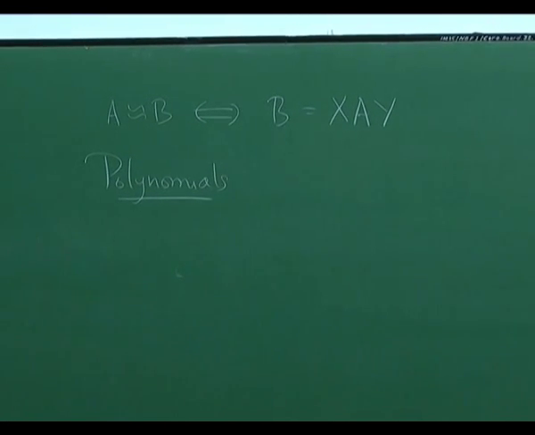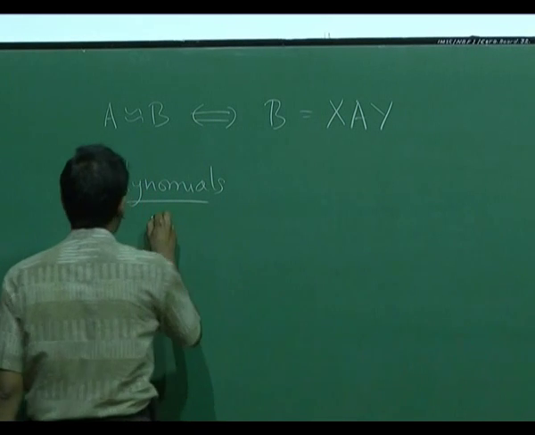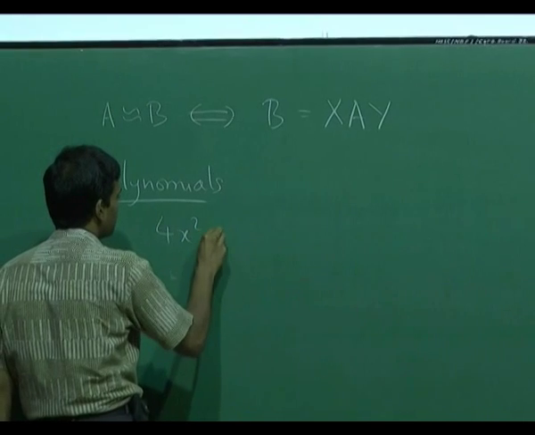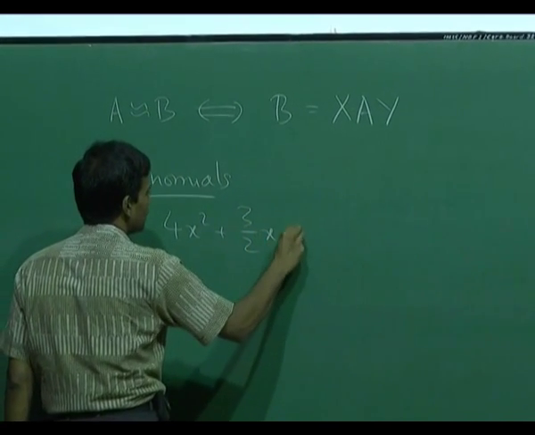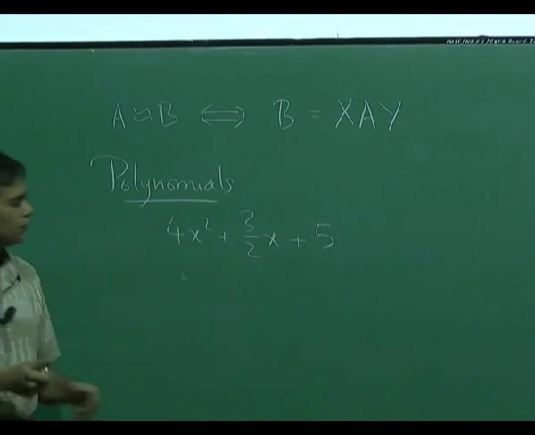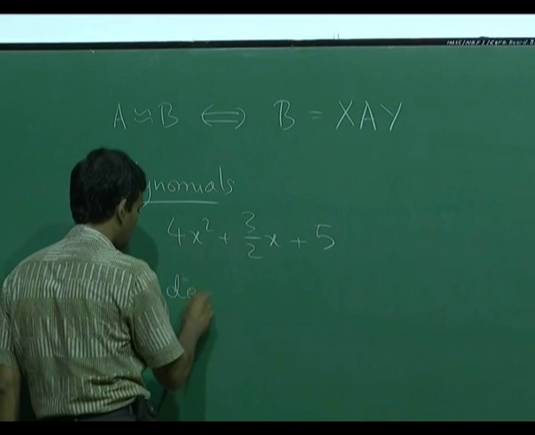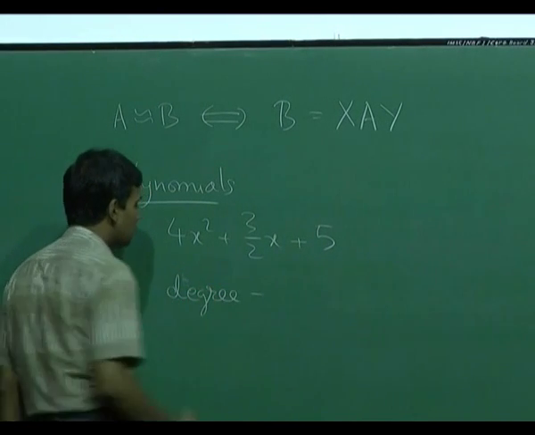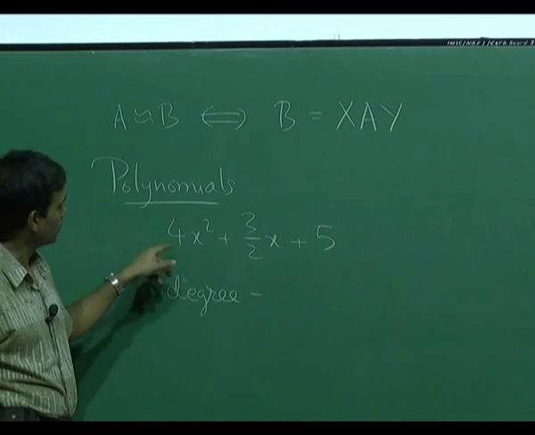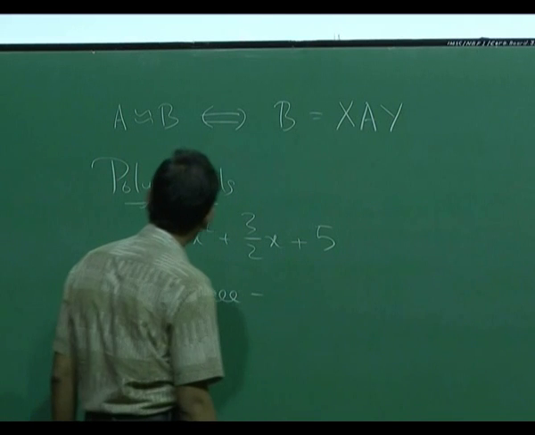So, something like 4x squared plus 3 by 2x plus 5, that is a quadratic polynomial. The polynomial has something called degree. The degree of this is 2. It is the highest power of x which has a non-zero coefficient.